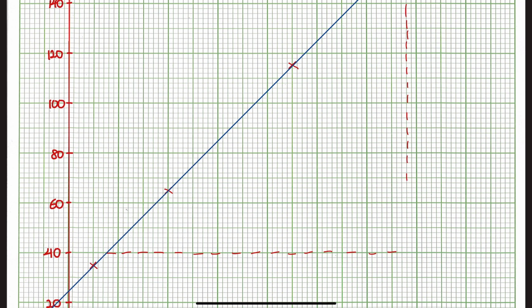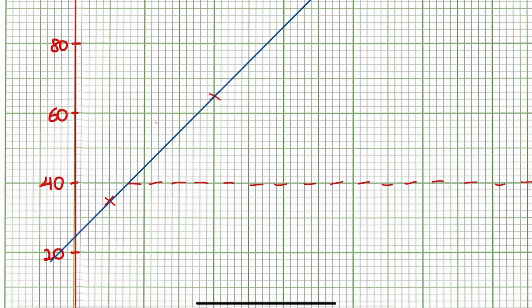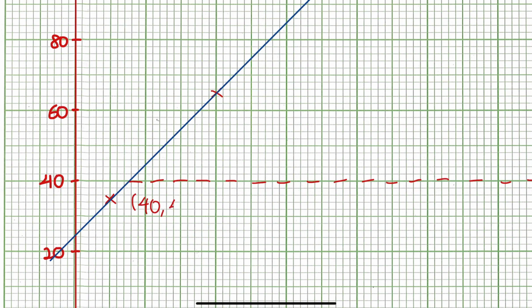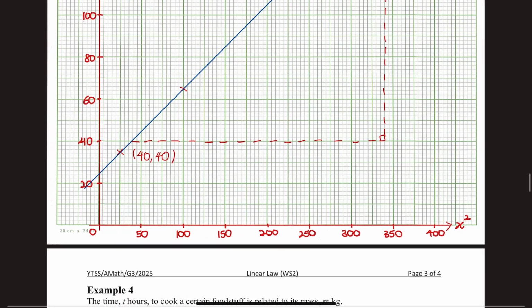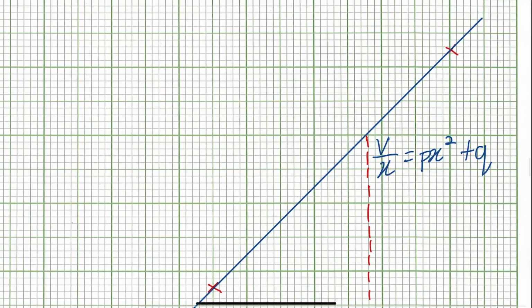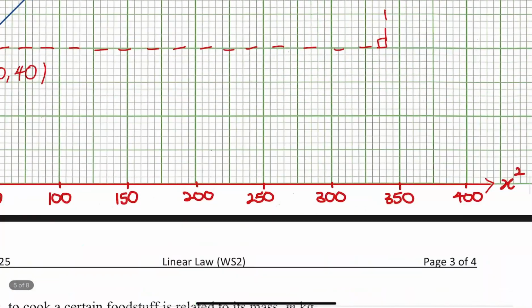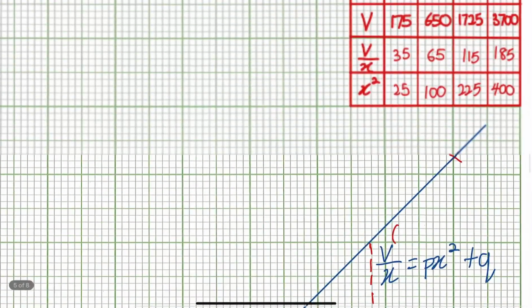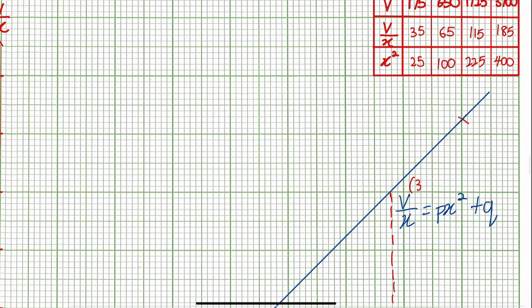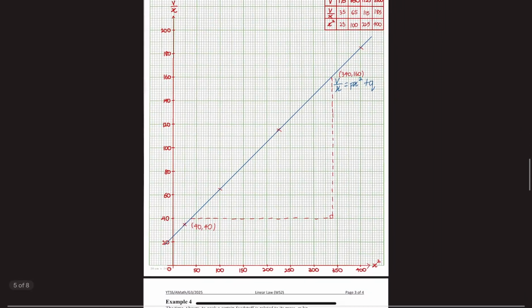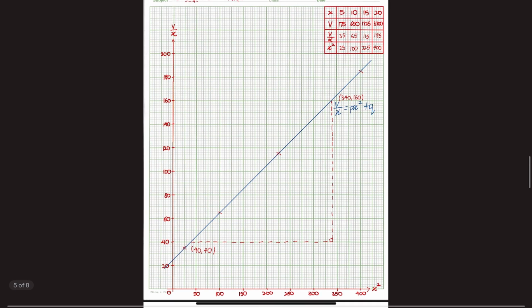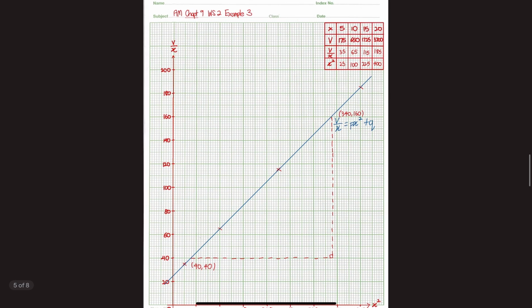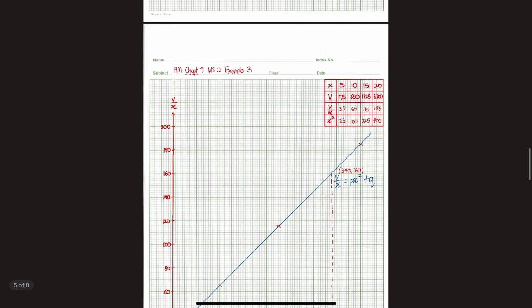Okay. So this is my gradient triangle. This point here is 40, 40. Okay. Then over here, this point here is 340, 160.